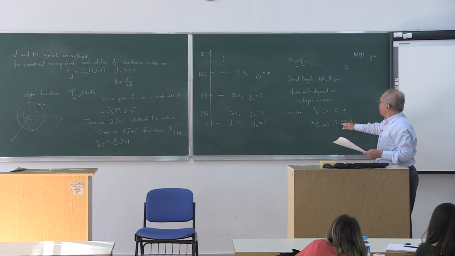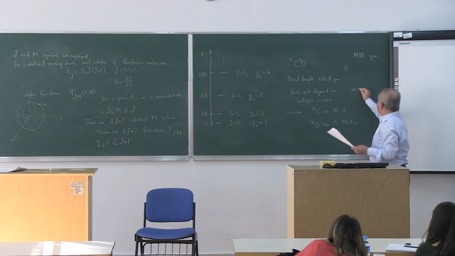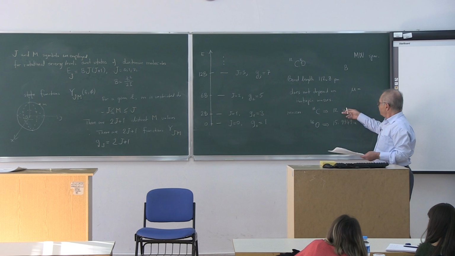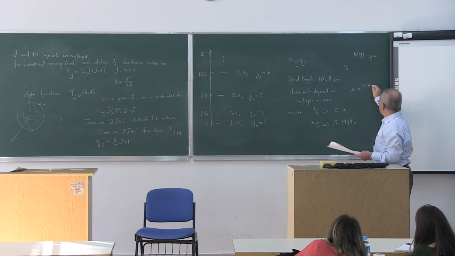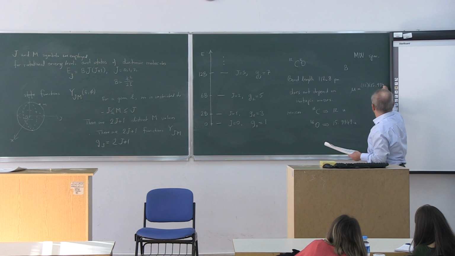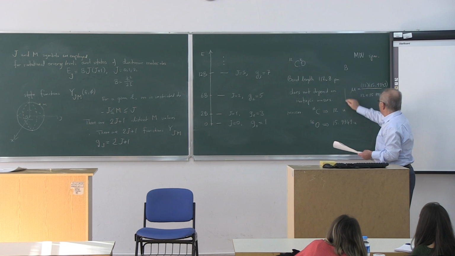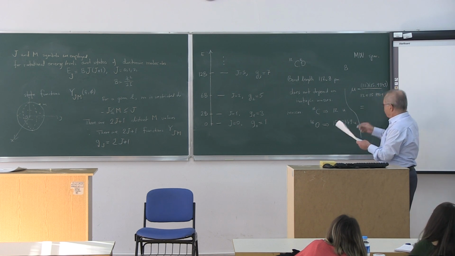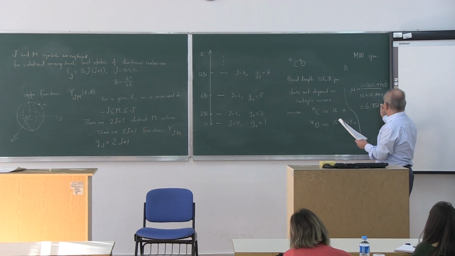Now, we first calculate the reduced mass using these numbers. 12 times 15.9949 divided by the sum. And if you use your calculators, you will get 6.8562.